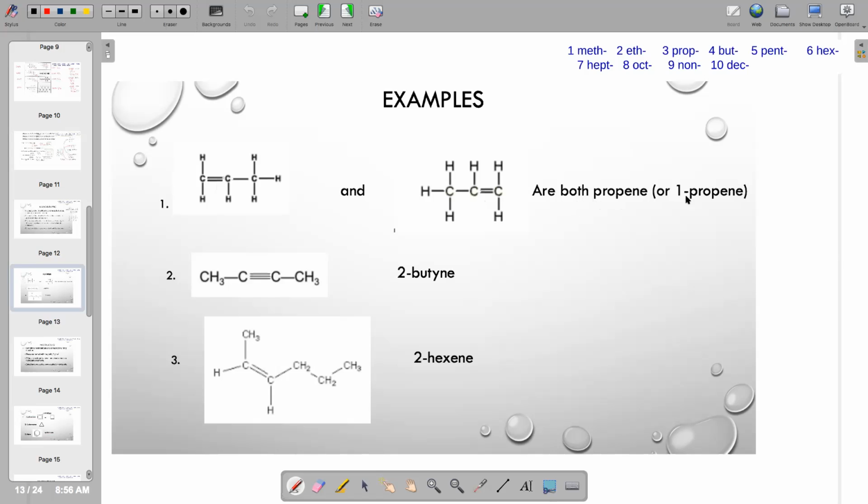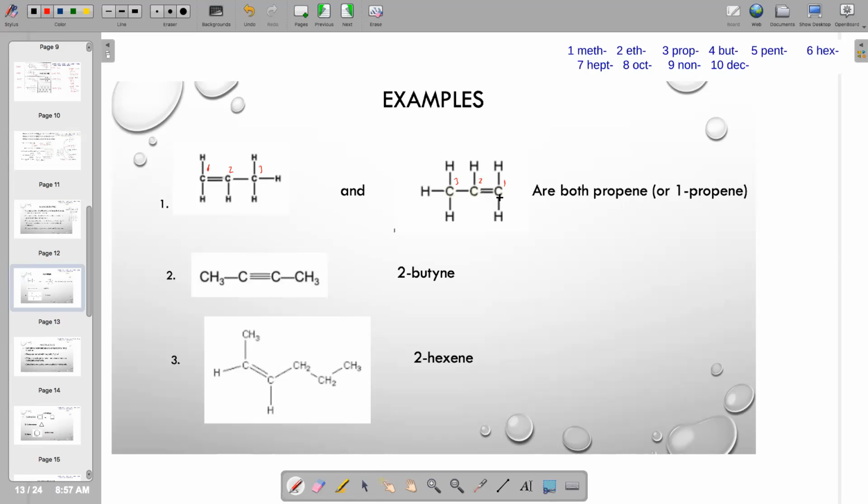So in this case, if you were to write 1-propene, it's redundant to just say the word propene. Because if you number these carbons, like carbon 1, 2, and 3, if instead of drawing the double bond on carbon 1 going to carbon 2, you put the double bond over here, that also automatically makes you want to number from right to left.